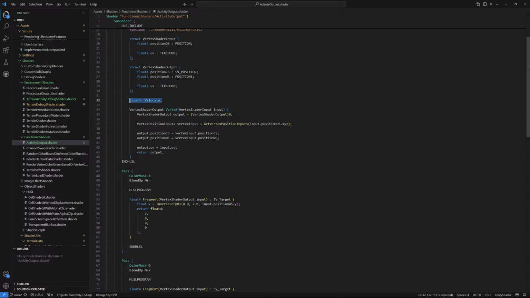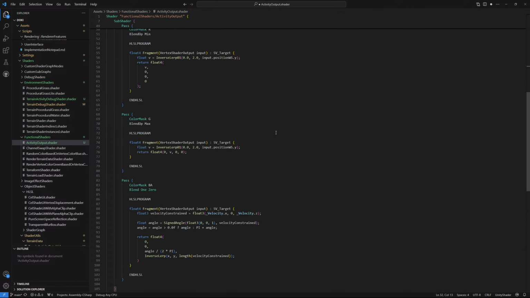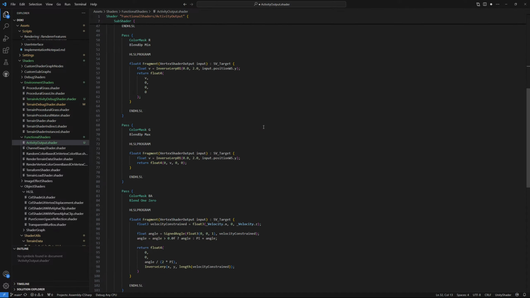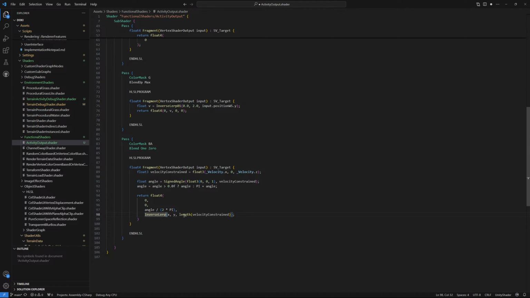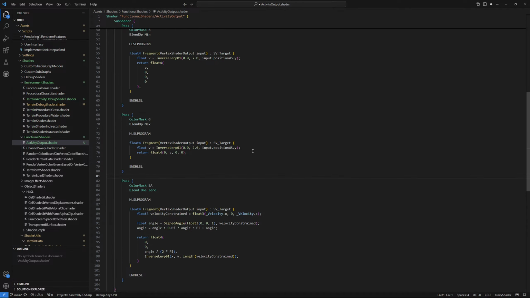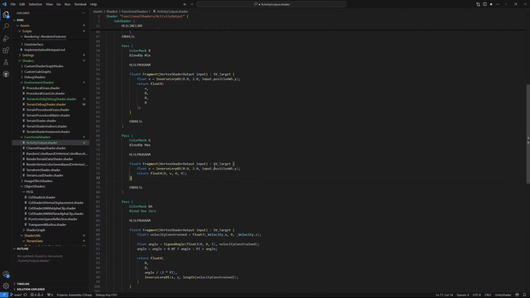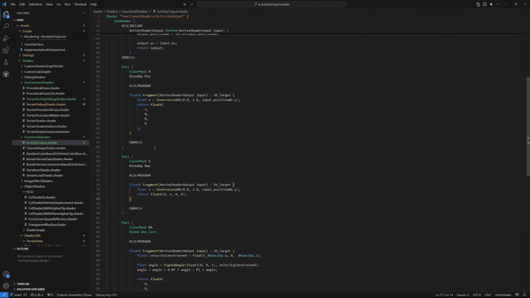We have velocity here. We need this one as well. The min and max height here, I think. Min height, max height.